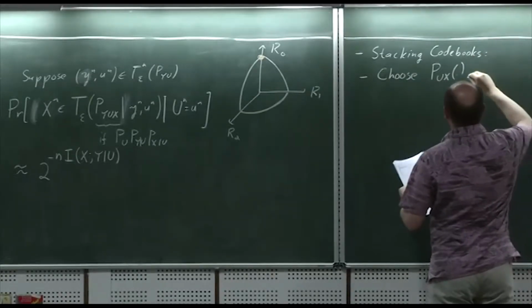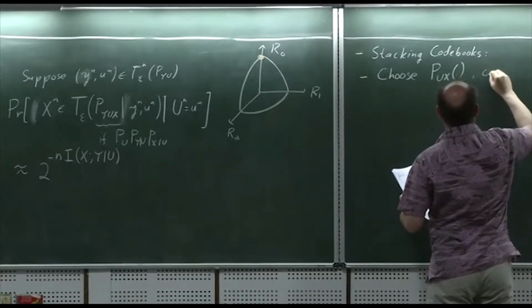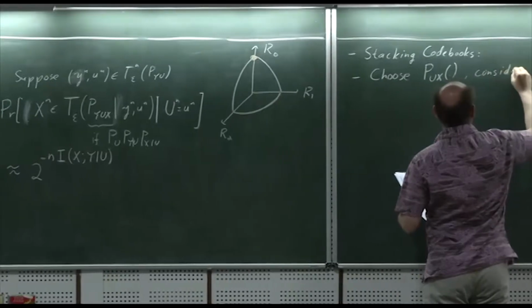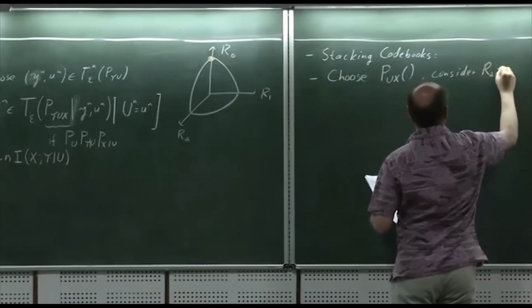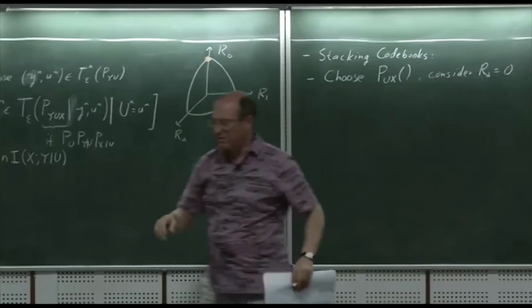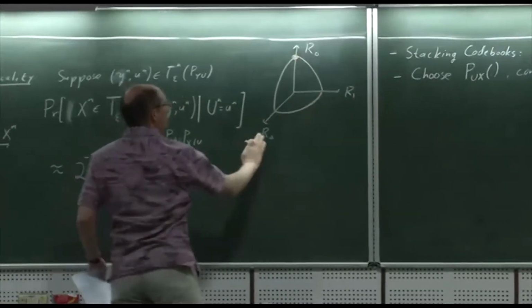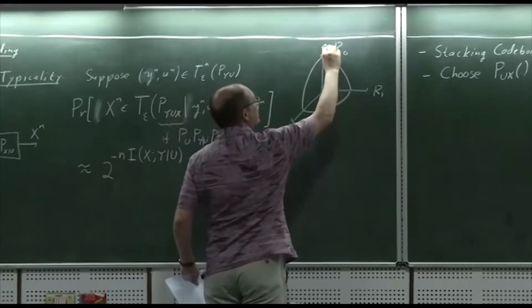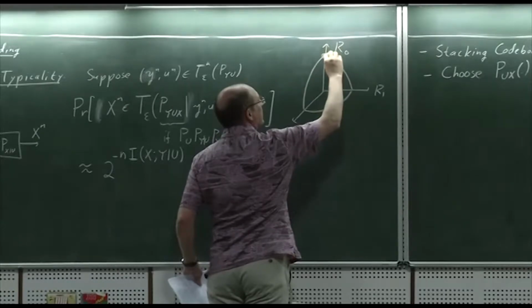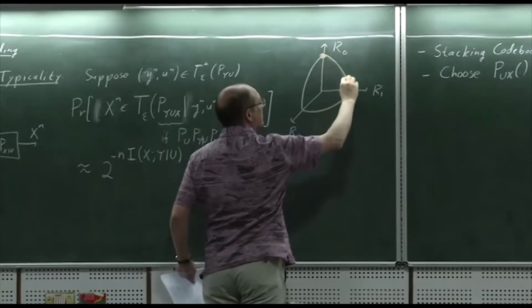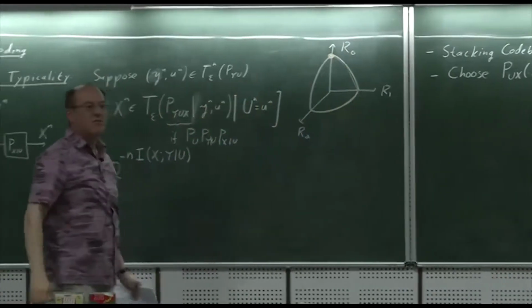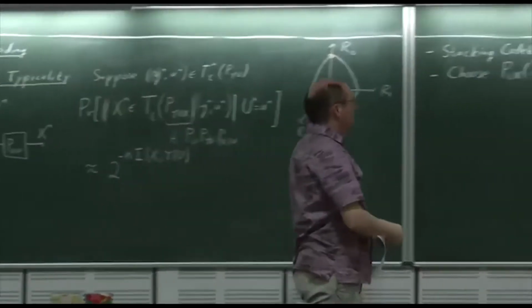And let's consider the case R2 equals 0. Okay, so we're now studying this particular case. So R2 is 0, so we're in this plane here. What we're after is sort of a curve inside this plane, hopefully touching the capacity region. You'll see why.